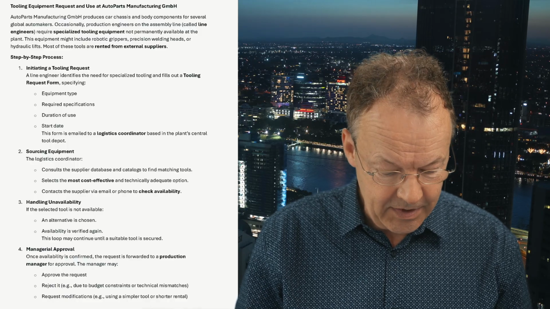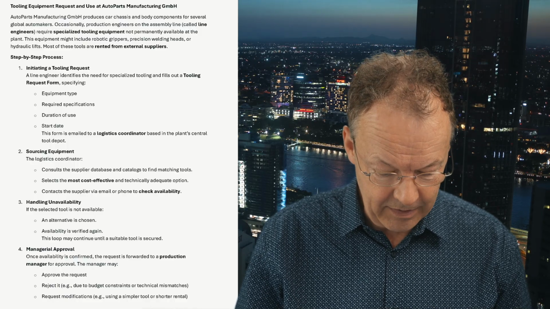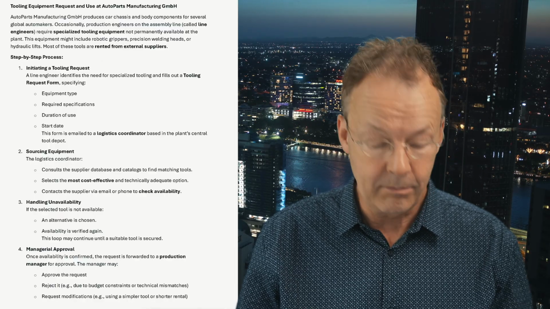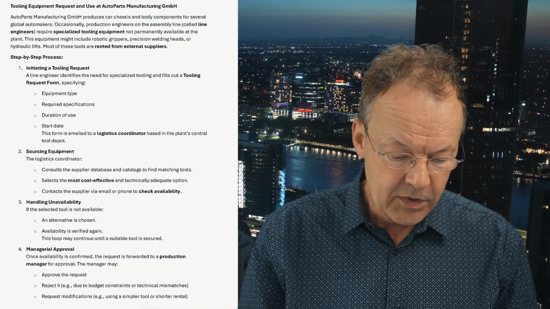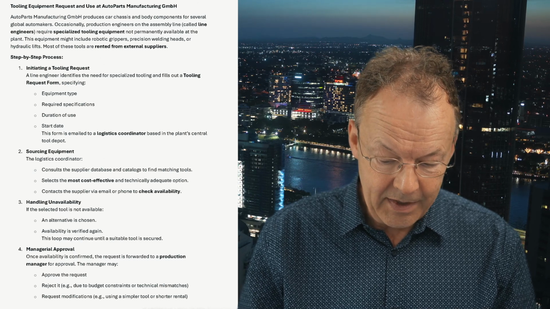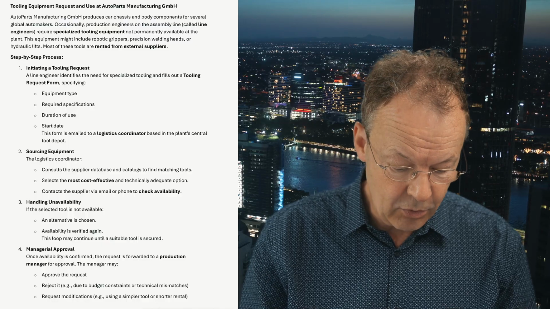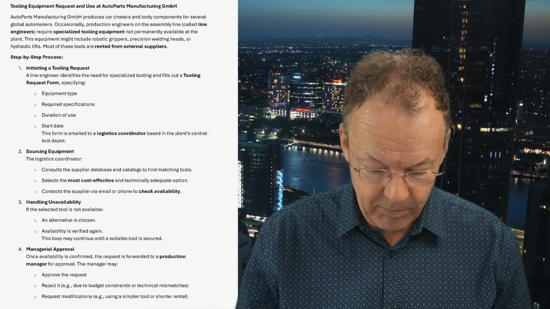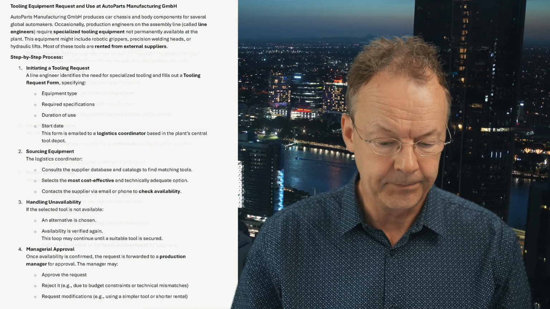Handling unavailability: if it's not available, it goes on. And then there is the managerial approval. Once availability is confirmed by the production manager, so we have another role here, the manager may approve and things like that.